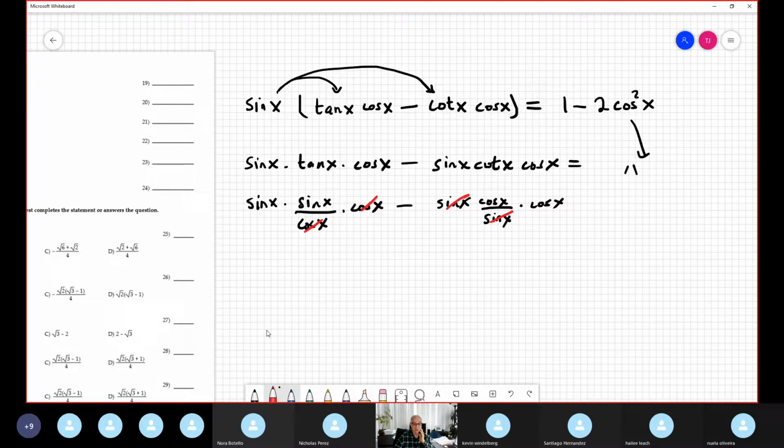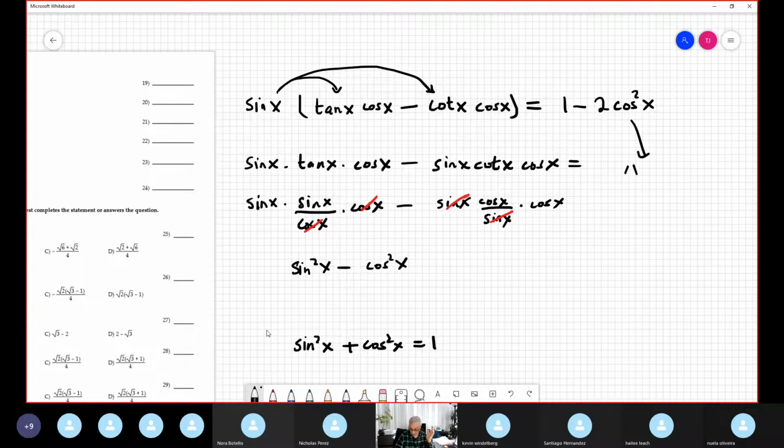Okay, not bad. So now we have sine square x minus cosine square x. I know that sine square plus cosine square is equal to 1, but I have no idea what sine square minus cosine square is. I am lost. However, I come back again to the famous sine square x plus cosine square x equals 1.